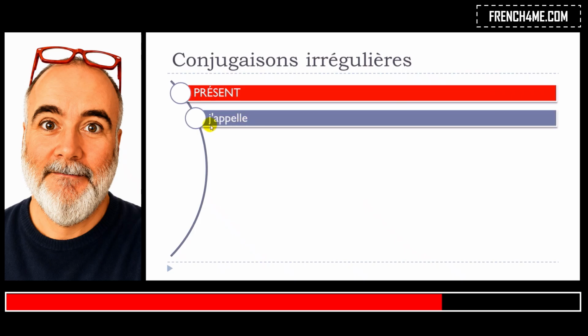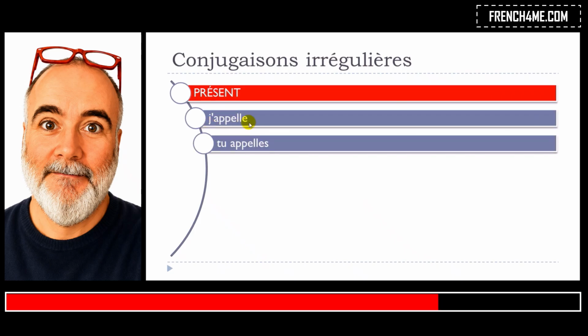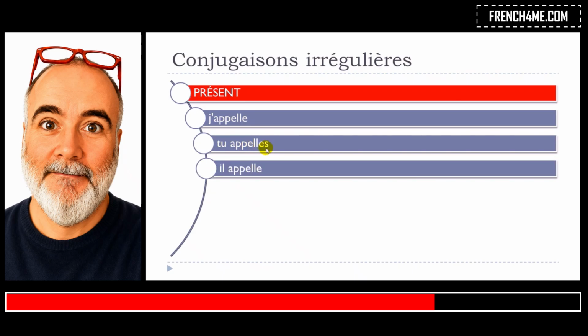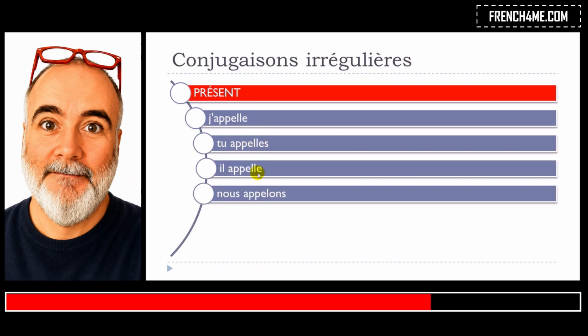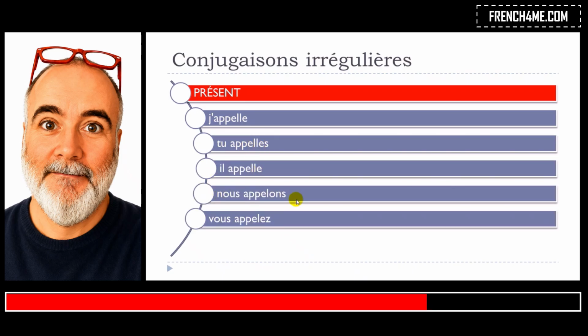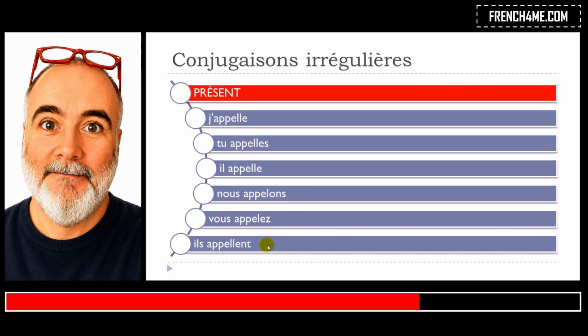So it will go like j'appelle, tu appelles, il appelle, nous appelons, vous appelez, ils appellent. If you look carefully, you can see that the je, tu, il, and the ils plural forms are concerned, because we will double the L. You will have to put another one.